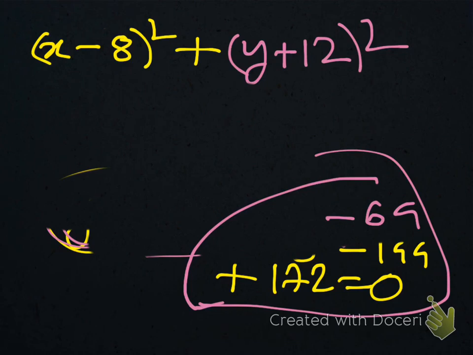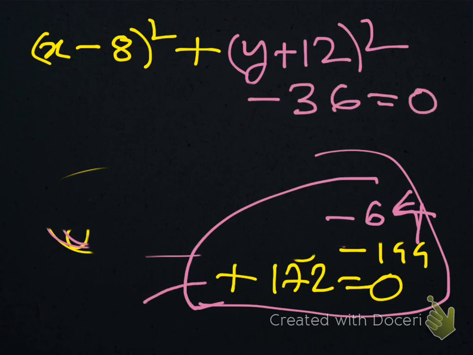Now if we calculate this part, you'll get minus 36 over here, minus 36 equal to 0. Alright, now let me clear out this part.